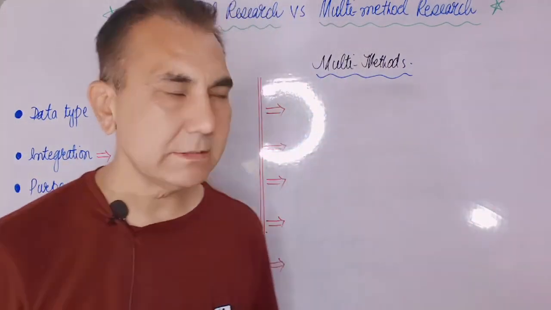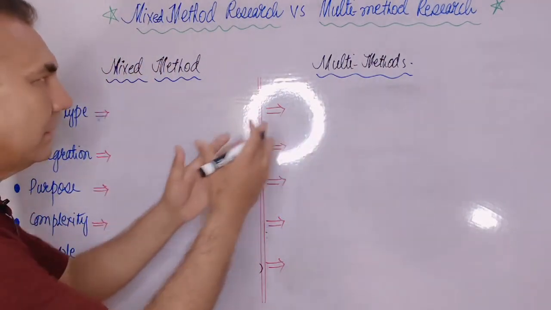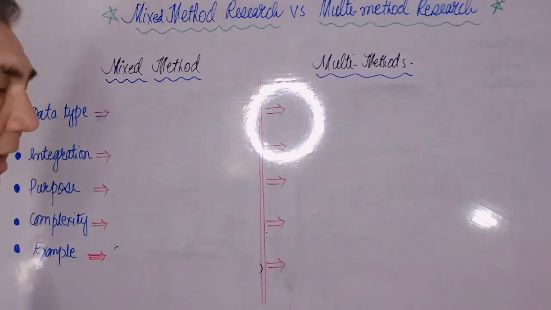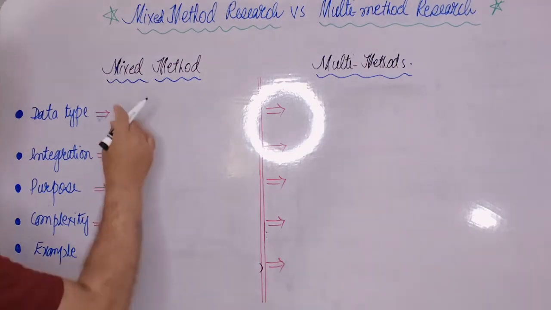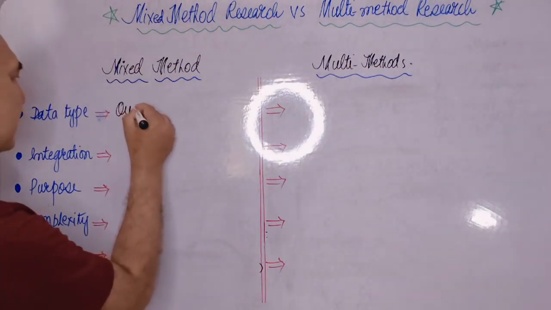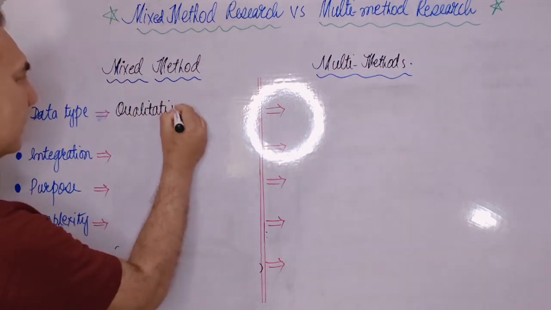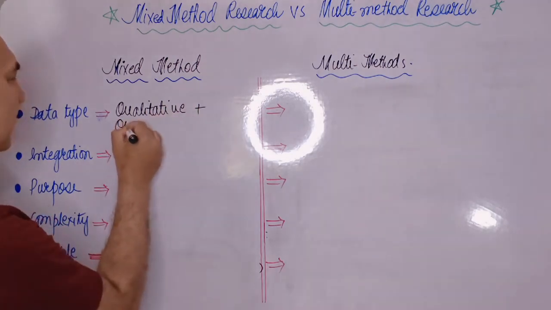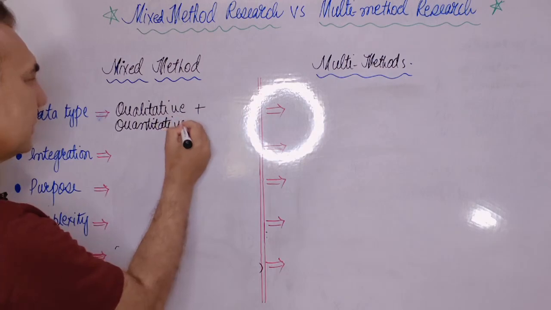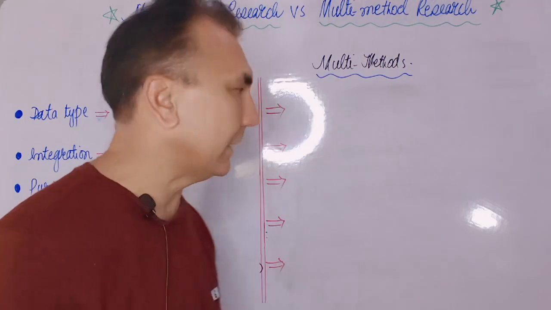Let's summarize the mixed method design and the multiple method research design. In the data types in the mixed method, half of the portion used for data collection is qualitative, and the other half uses the quantitative methodology, the survey and the IDIs.